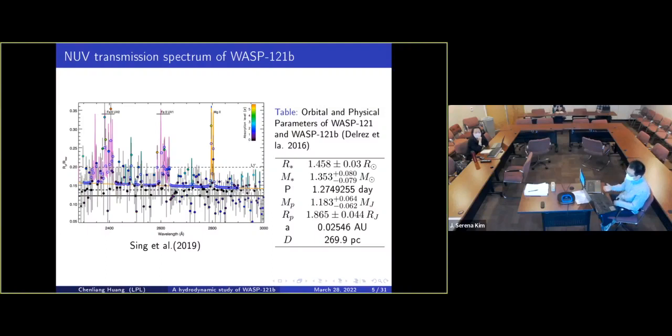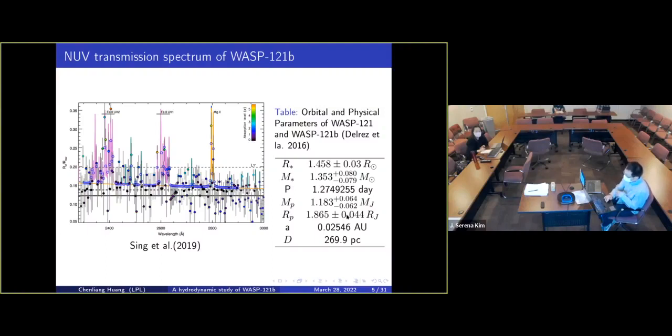And also, last September, there is a CubeSat led by the University of Colorado at Boulder. It's called CUTE, that specifically detects the near UV transmission spectrum of the exoplanet atmosphere. So we are going to have more information.